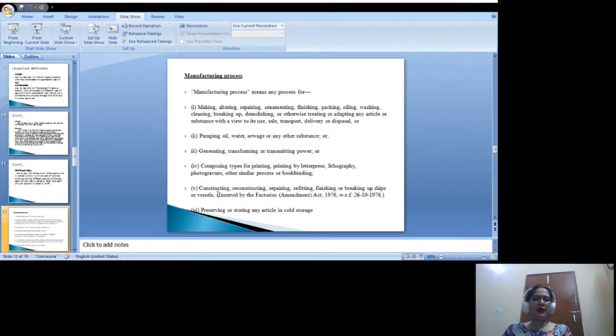In our definition, a factory is a premises where a manufacturing process is being carried on, and what is included in this manufacturing process? Let's sum up.